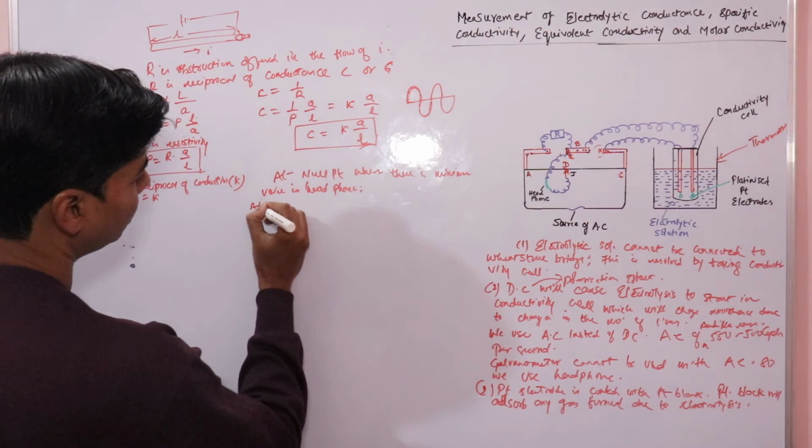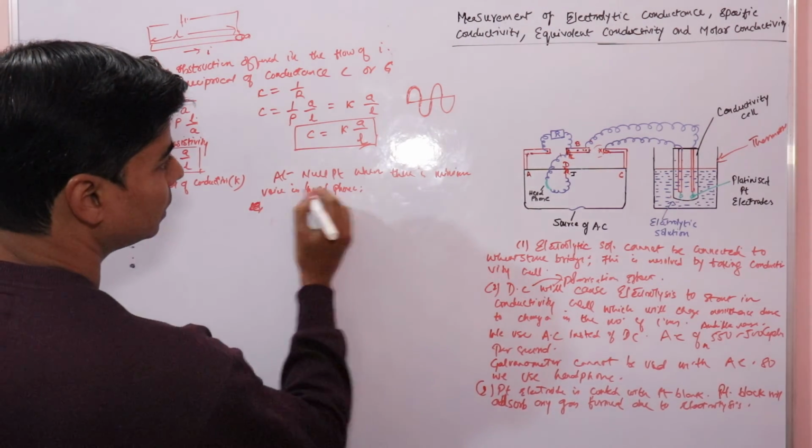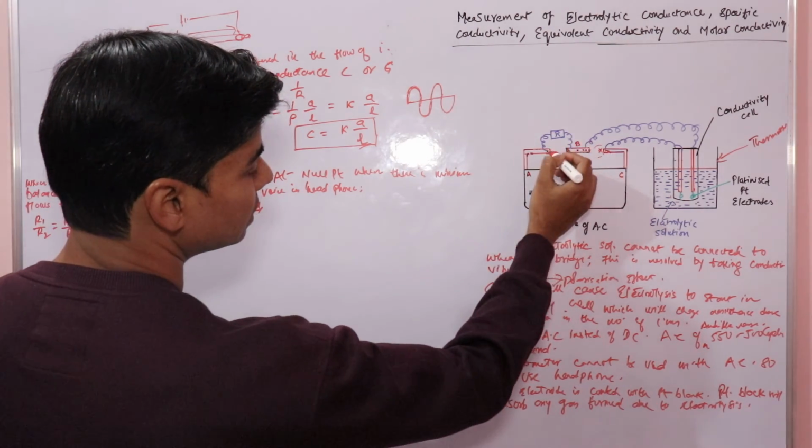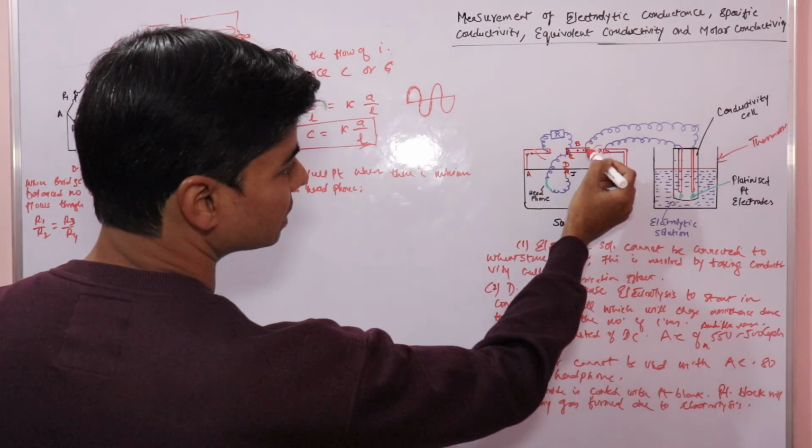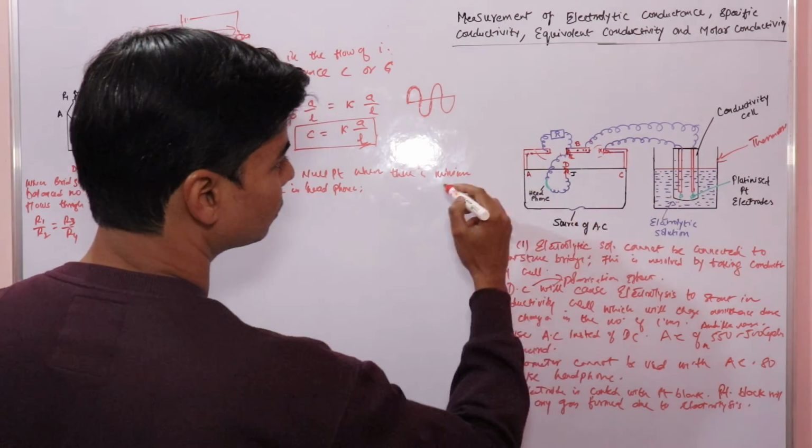So at the null point we have this known resistance, taken from a standard resistance box. This is X, which is the resistance of this electrolyte.